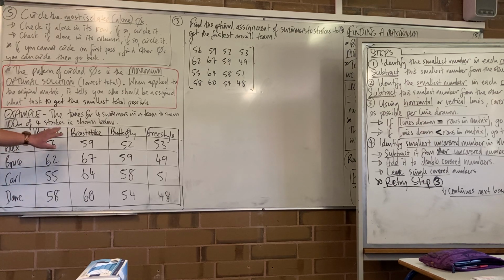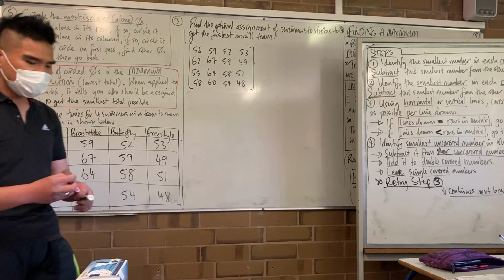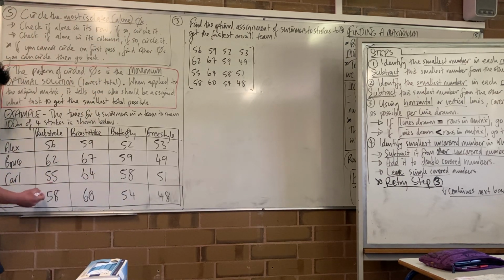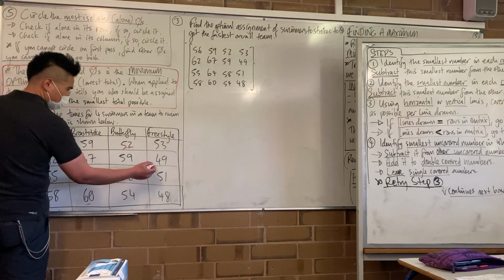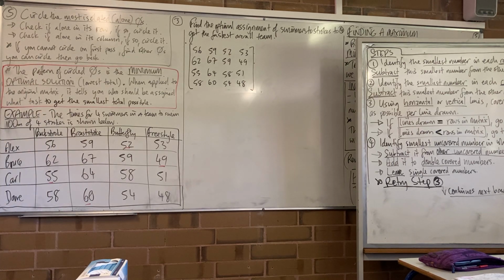So we had this exact same example last week. The times for 4 swimmers in a team to swim 100 meters of 4 strokes is shown below. Alex, Bruce, Carl, Dave, swimming backstroke, breaststroke, butterfly, freestyle. Those are their times in seconds to swim 100 meters. You might remember that your classmate found that that was the optimal solution by eye.